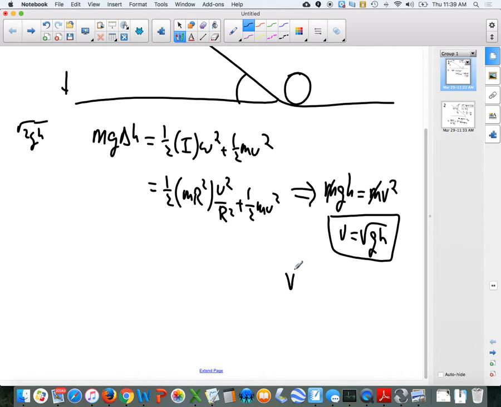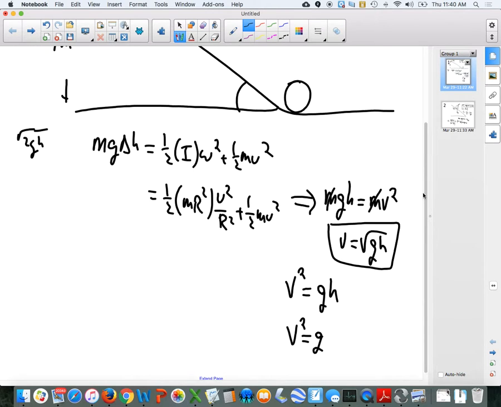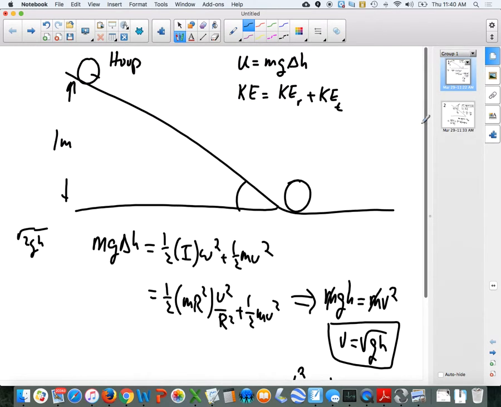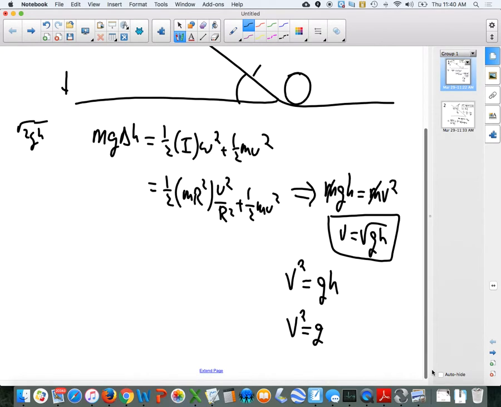I'm going to write that as v squared is gh, and in this case v squared is equal to g times the h term, which looks like d sine theta. So h is equal to d sine theta. Is that clear? Are we good on that idea?